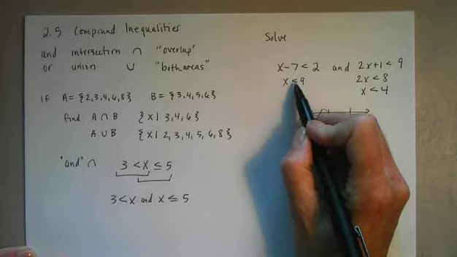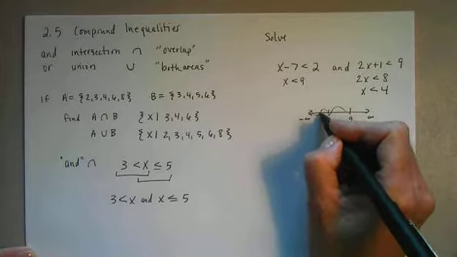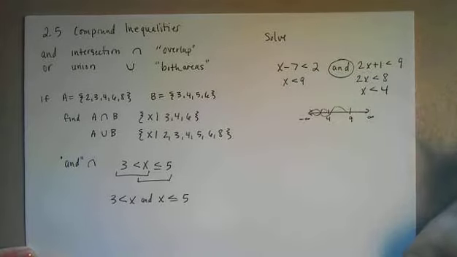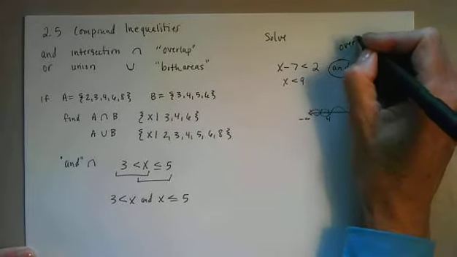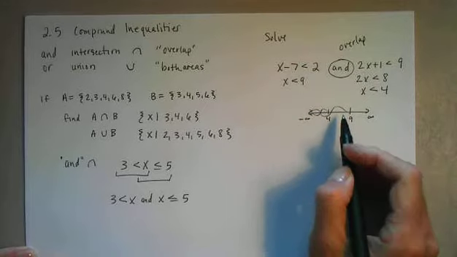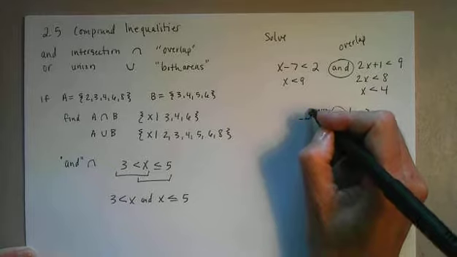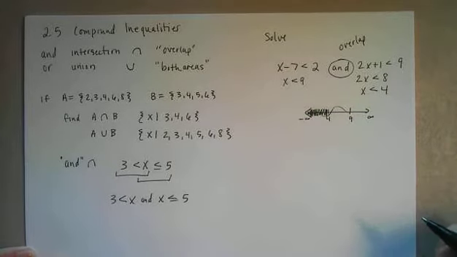And it says that x is less than 9, so I'm going to write that really lightly too. Because I know that if the word in between them is and, my answer is only the overlap. So where did I shade both answers? I shaded both of them right here, didn't I? So my final solution is just this section right there that I've darkened.